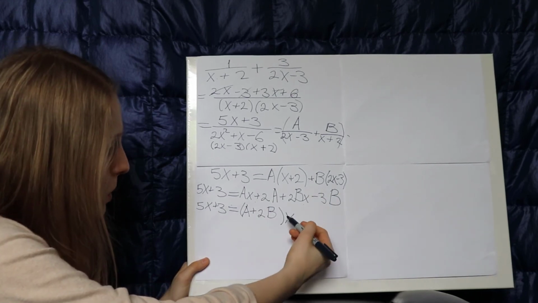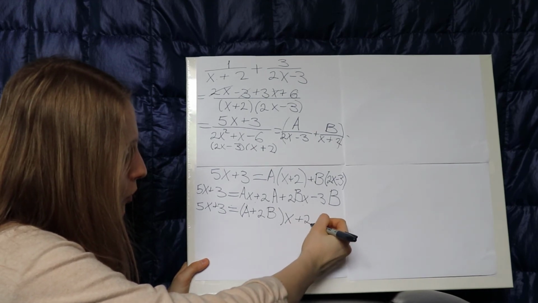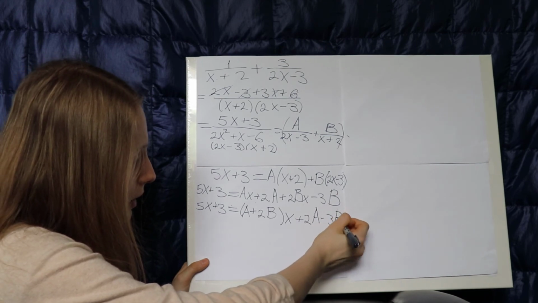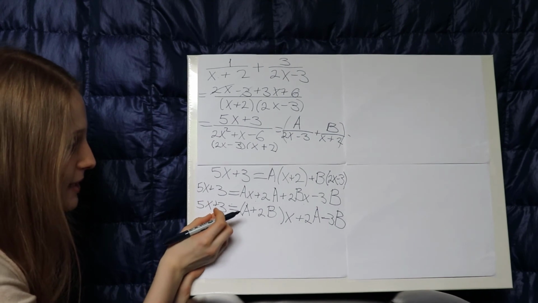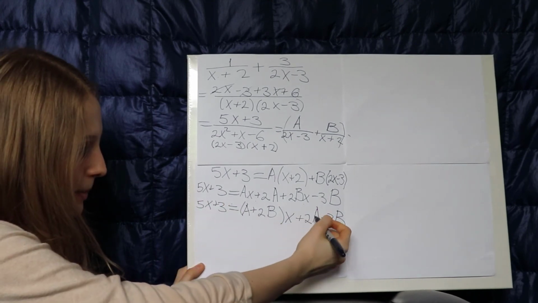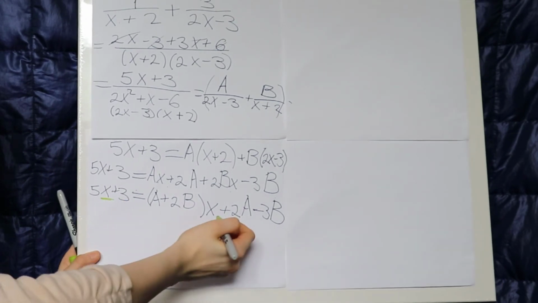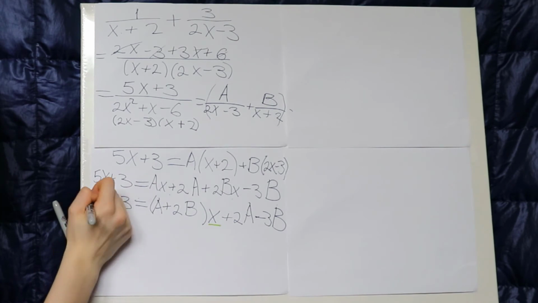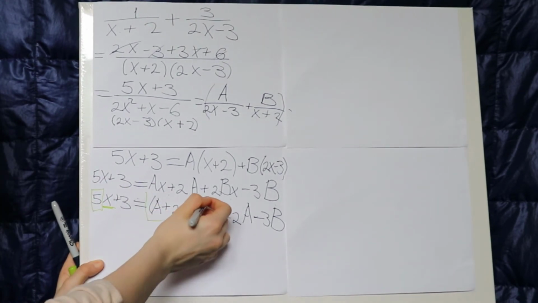And now we can just rewrite this part plus 2a minus 3b. So we have something times x plus something, two numbers without the x. And if I color code this a little bit, then maybe you will understand that this is equal to this.